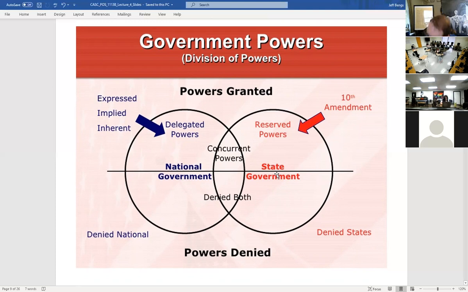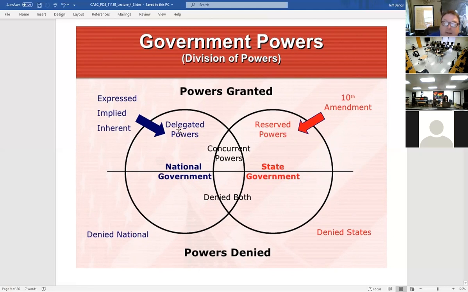Under our Constitution, both of these government levels would have powers that were only regulated or delegated to those bodies.